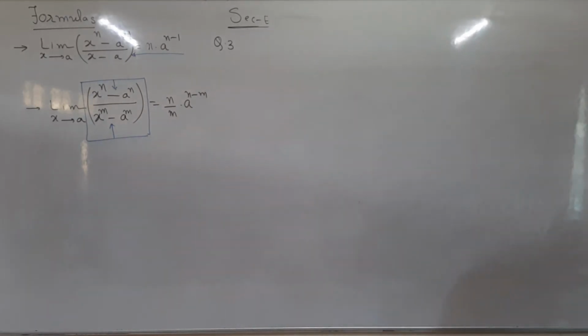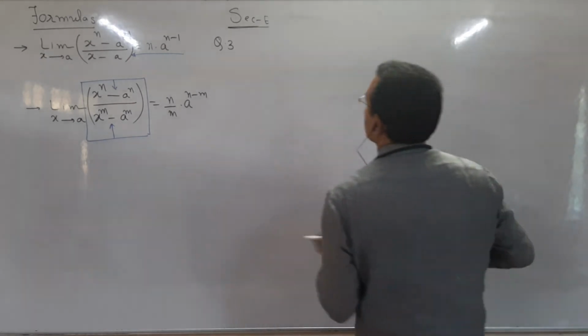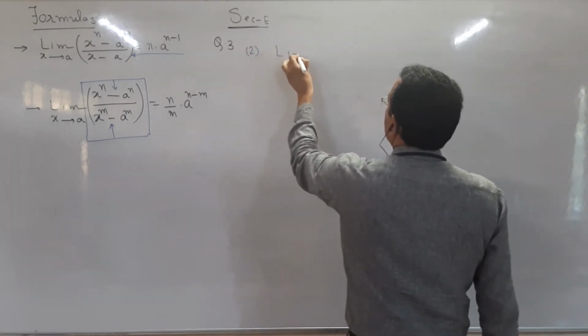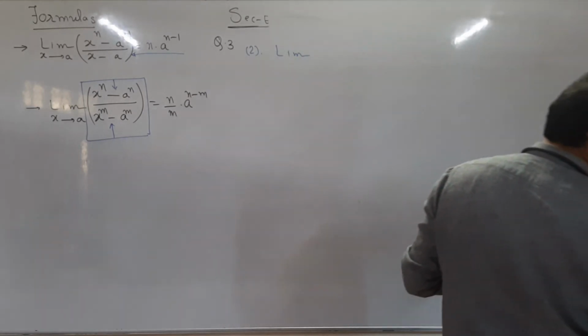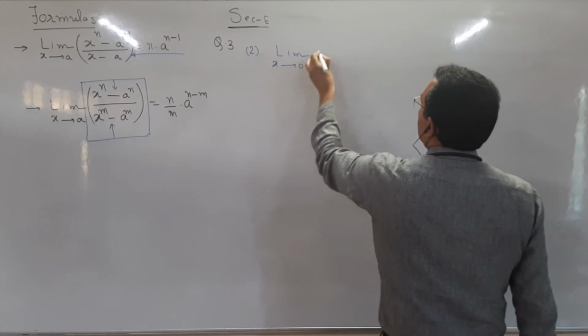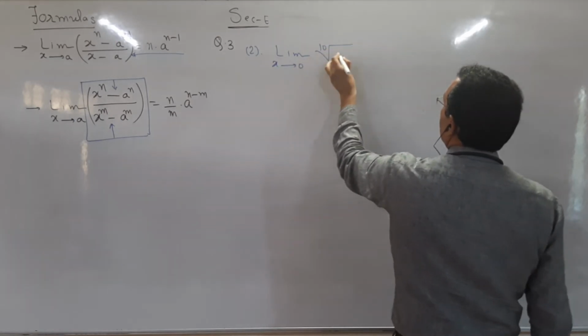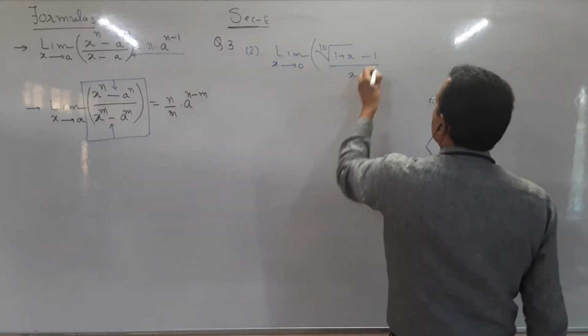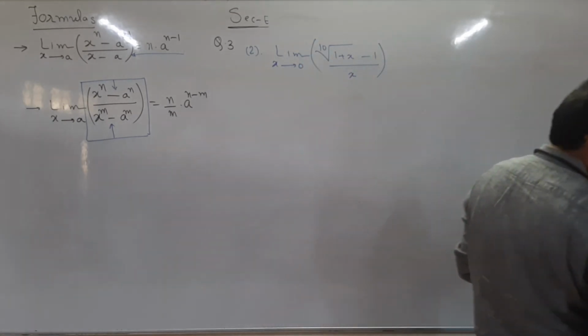It is the 10th root of 1 plus x, limit x tends to 0, 10th root of (1 plus x) minus 1 upon x. This is our question.